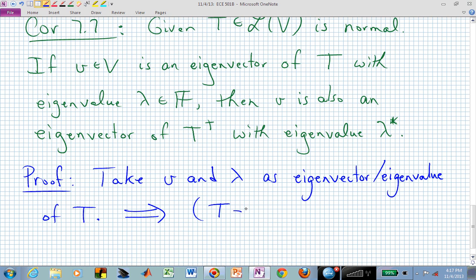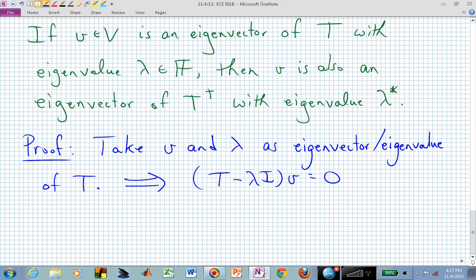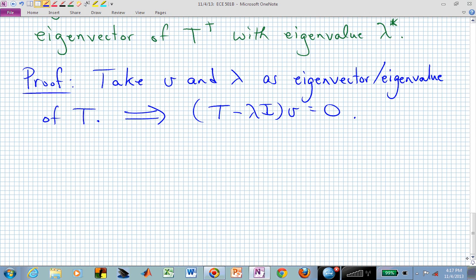The map is T minus lambda I, V is equal to 0. We know that's true if lambda and V are eigenvalue and eigenvector for the linear map T. Now, what I'm going to do is show that if T is normal, so is T minus lambda I. Since that's kind of its own little result, I'm going to call that a lemma and prove that inside the proof of the theorem.